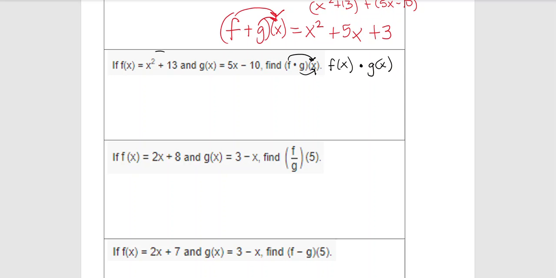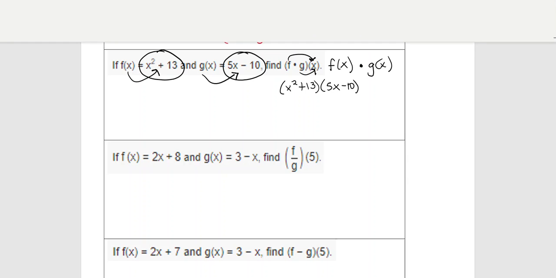Our functions are already written in x format, so we really don't have anything to plug in because we already know what f of x is equal to, and we know what g of x is equal to. But this is saying they want us to multiply them. So I need to multiply x squared plus 13 times 5x minus 10.